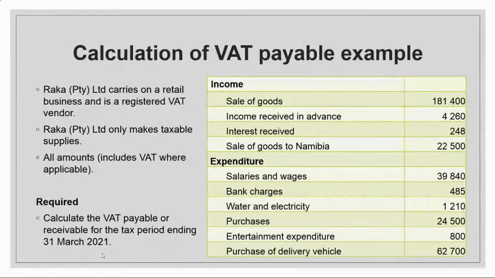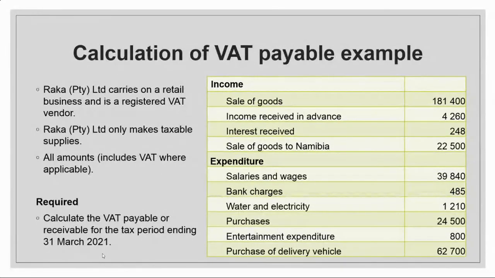Okay, so what I want you guys to do now is just in the chat function, indicate what type of steps would you have to follow to do this calculation. So to answer the required, what is the steps you would generally follow to get to an answer? Okay, so I'm just going to repeat the question in case you haven't heard.